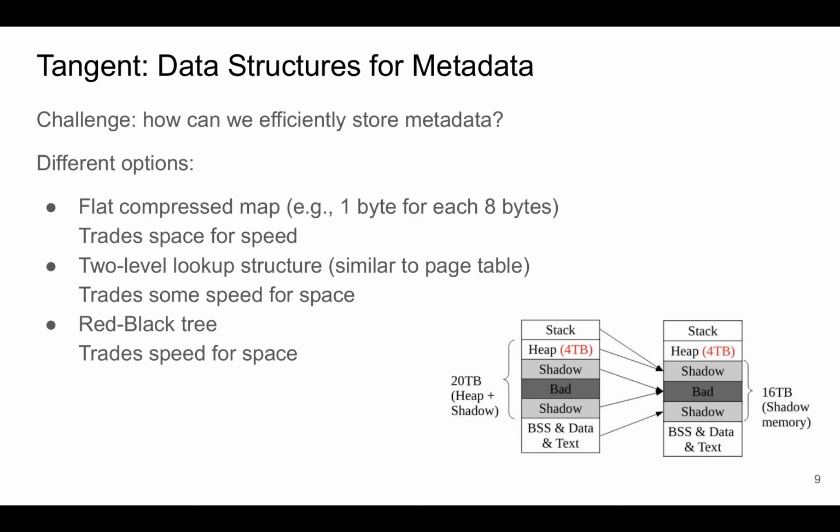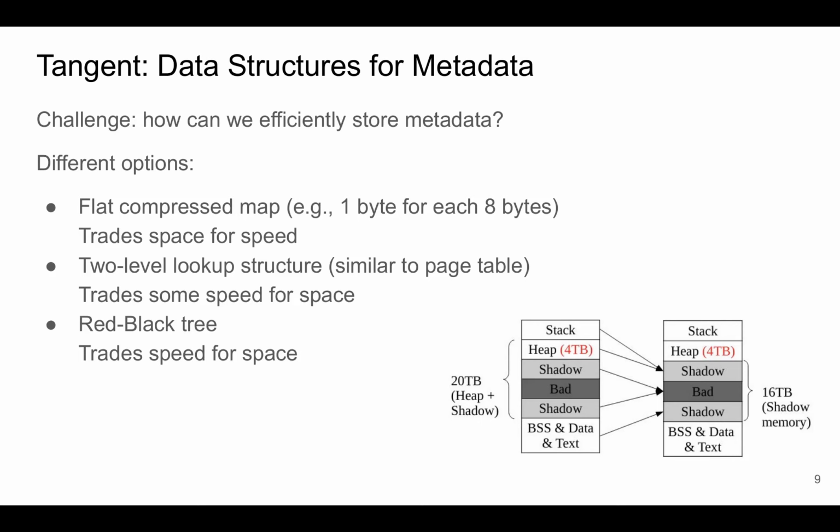A two-level lookup table is similar to a page table, where you do a software-implemented page table lookup. This would trade some of the speed for space. This would be O(2) access, but would reduce the cost of the memory that we have. Or a red-black tree, which would be very, very compact, but would be fairly costly to access, where we hit log n. So we get O(1), O(2), and log n access overhead.